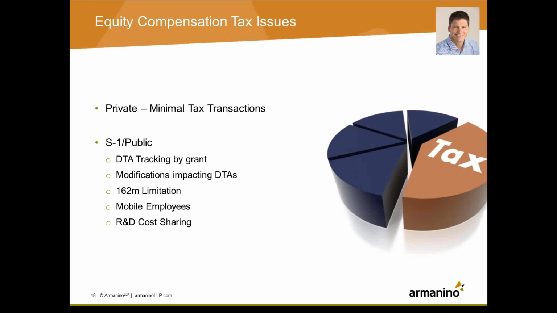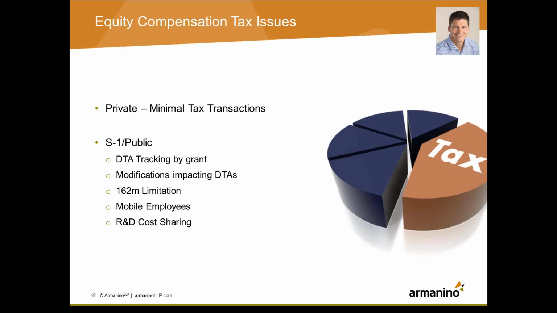And certainly after the company goes public, there is a significantly greater burden on the company to focus on maintaining the tax detail for each option grant. We've actually got a guy with our firm whose almost entire practice is surrounding stock options and all the complexities of tracking those particular tax attributes for each option, because there's significant tax benefit to the company.